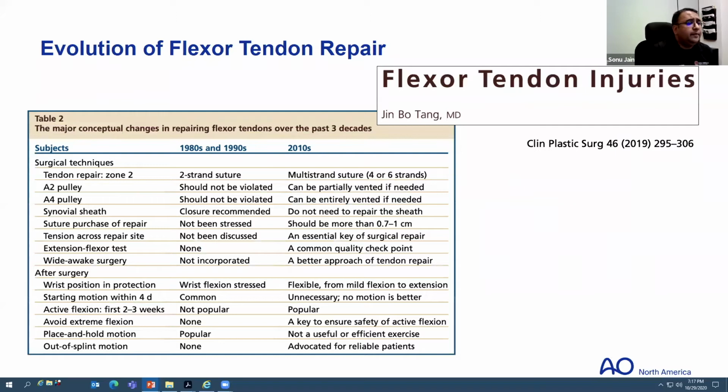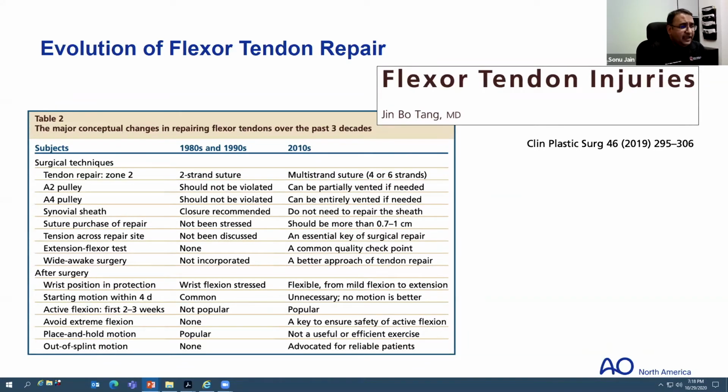So this is the evolution of flexor tendon repairs that Jimbo Tang actually described. It really shows you where we were and where we are now in terms of conceptual management of flexor tendon injury. I really want to go over this because it summarizes a lot of things. Before, we went from a 2-strand repair to multi-strand, where we're doing 4 or 6.